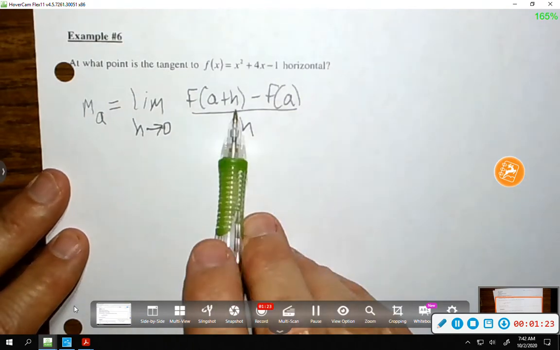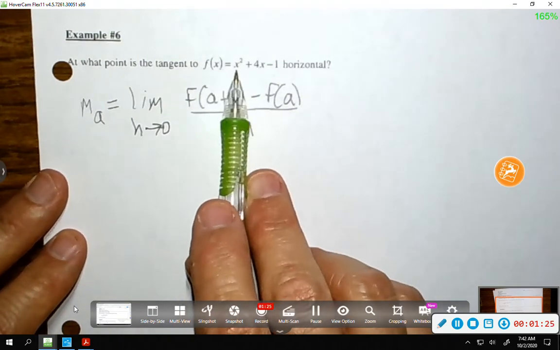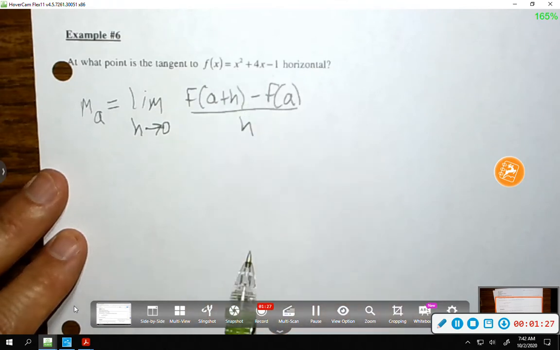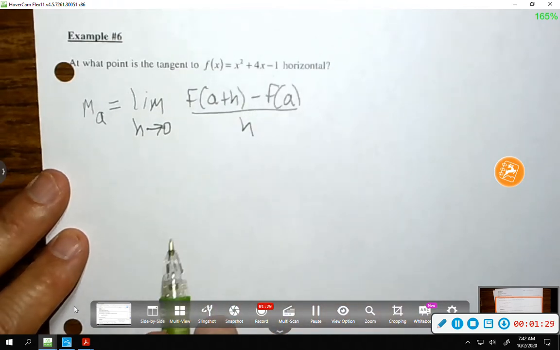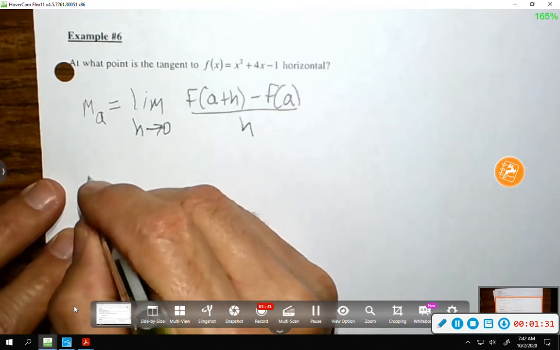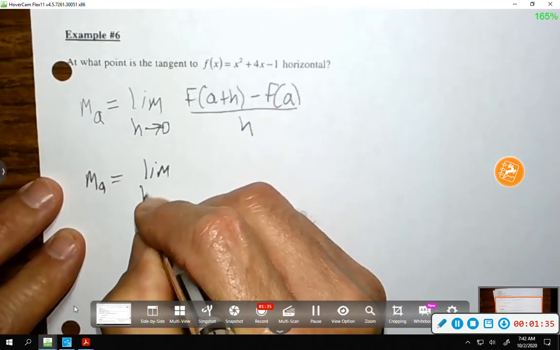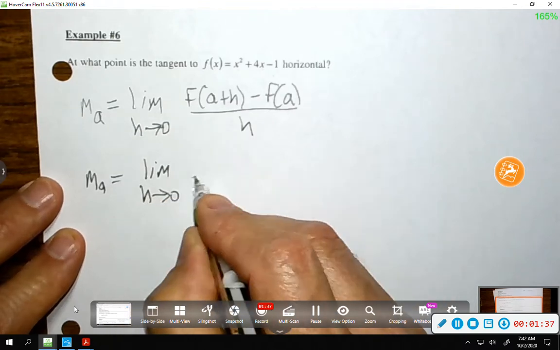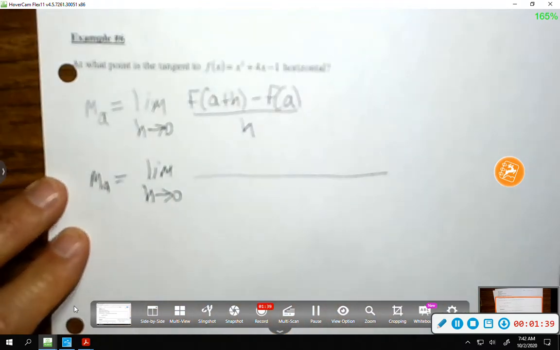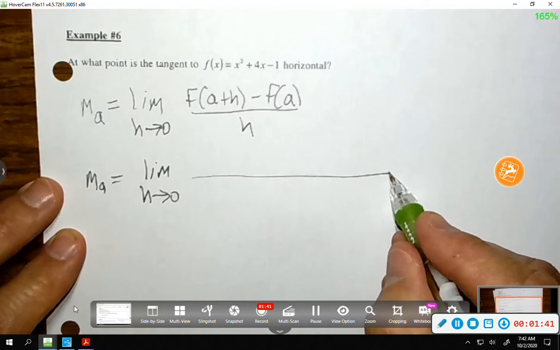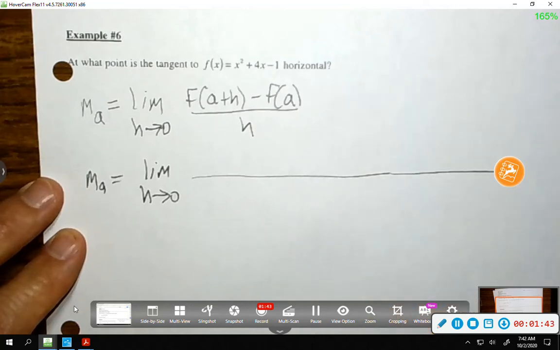So I have to plug a plus h into this function. It goes in here and here when a plus h goes into the f machine. This is the limit as h approaches 0 of, and it's going to take a while. This numerator gets pretty long here.